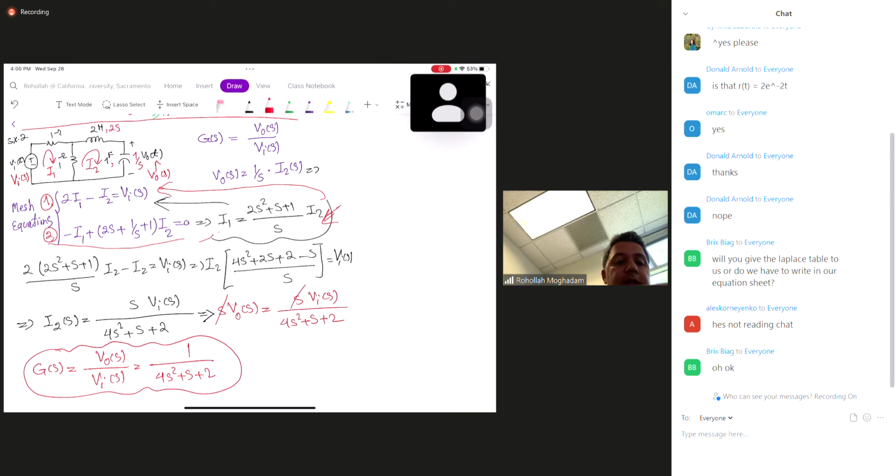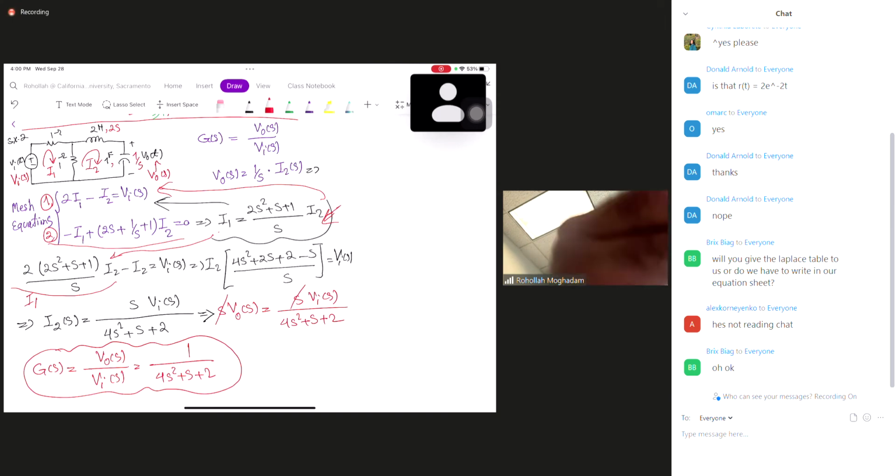If I plug it over here, this is what I have as I1. So then we put it in equation 1, this becomes I2, we multiply these two inside the parentheses, 4s squared plus 2s plus 2 minus s over s becomes VI of s, then I2 of s becomes s times VI of s over 4s squared plus s plus 2, all right?